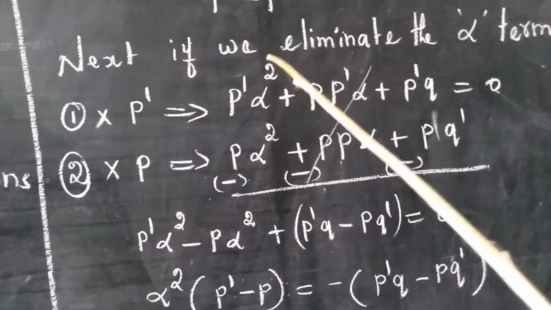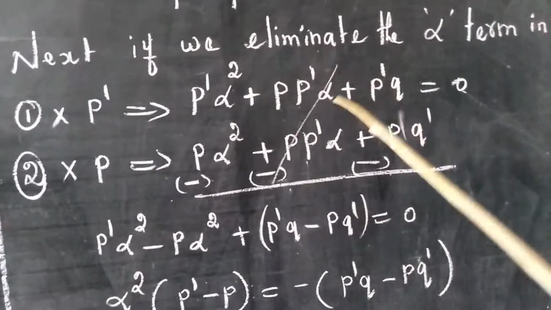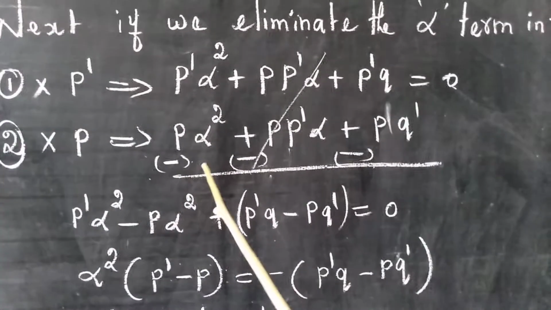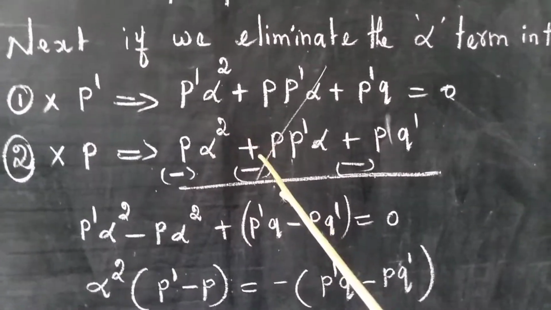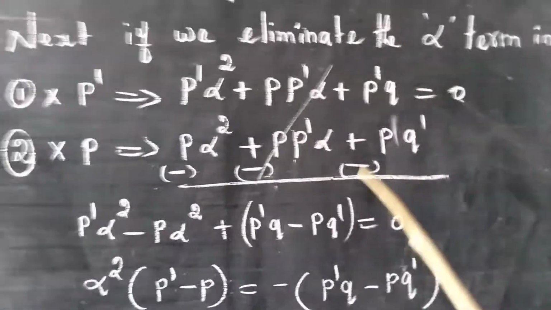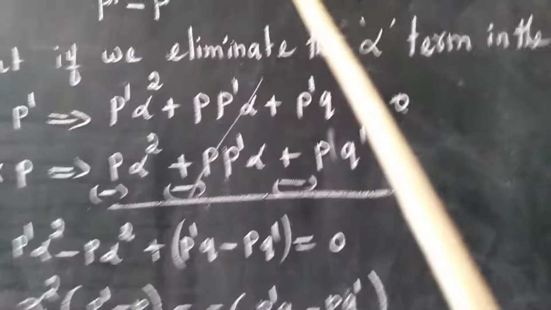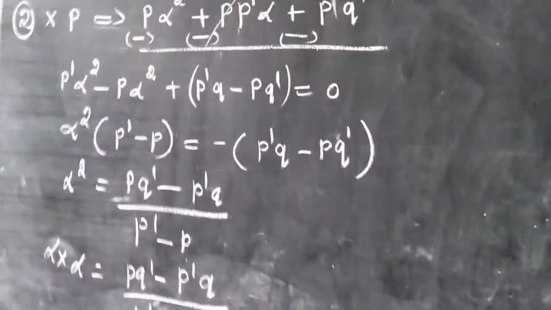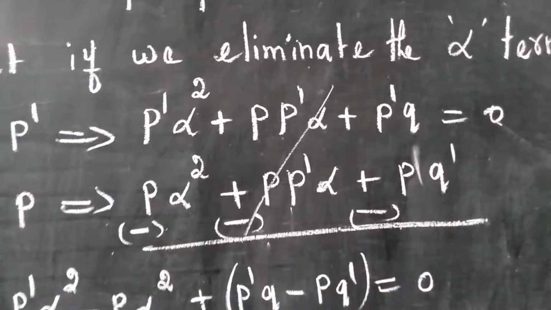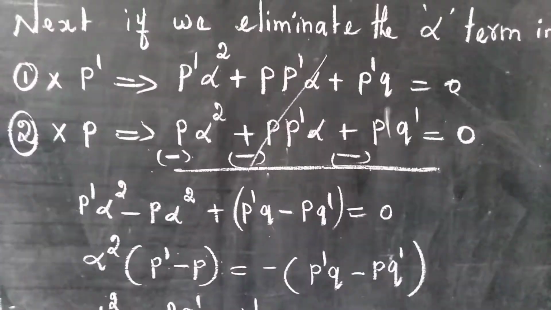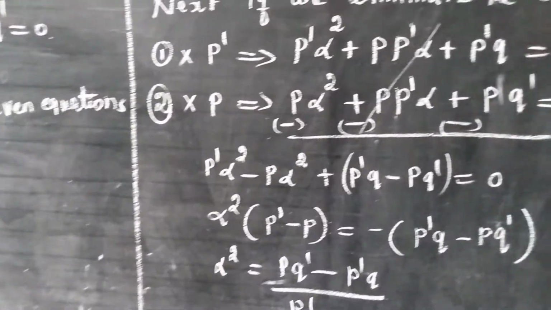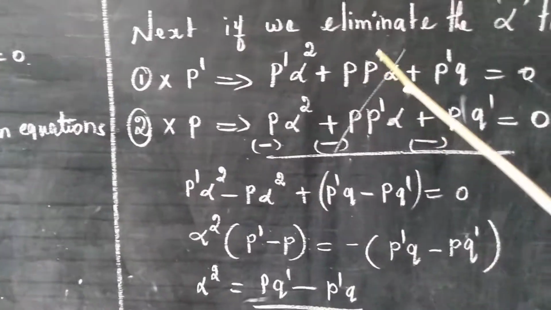After multiplication, we get p'α² + p'pα + p'q = 0. The second equation is pα² + pp'α + pq' = 0. Now we eliminate the alpha term.